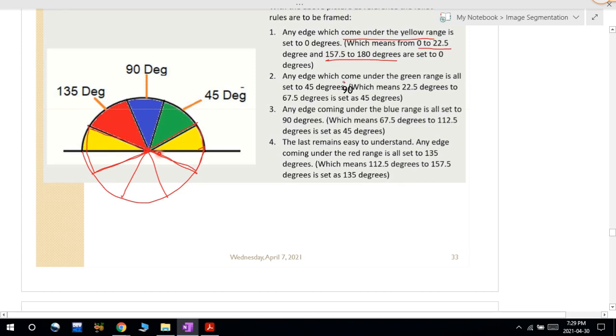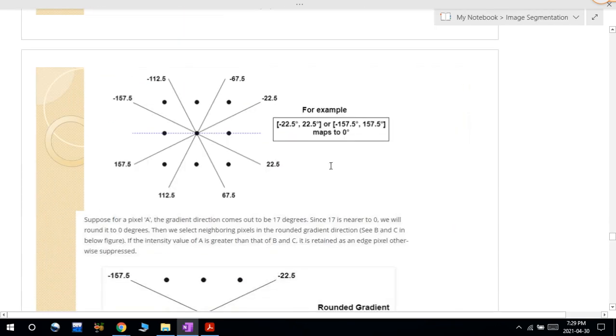Any edge degree coming in the green range, up to this point, I can consider as 45 degrees. Like this I have four directions to find out in which direction the edge lies, and for that I will consider these four directions. For example, if it is minus 22.5 to 22.5, I will make it 0 only.